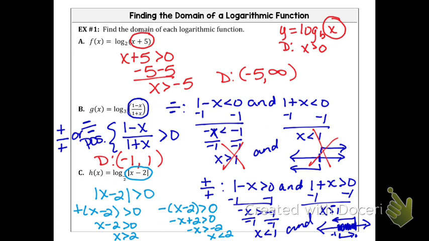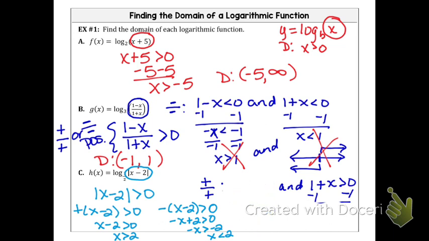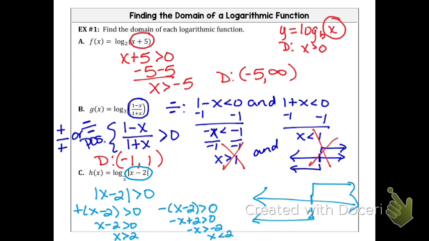And if you think about a number line, looking where x is greater than 2, where x is less than 2, this one could be either one of them, because you're looking for where it's greater than 0. So the only place that is not included on both of them is at 2, because at 2, that absolute value would actually equal 0, and it has to be greater than 0.